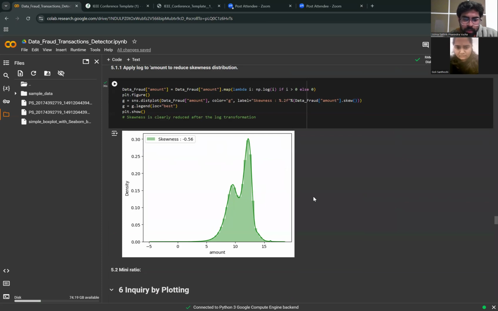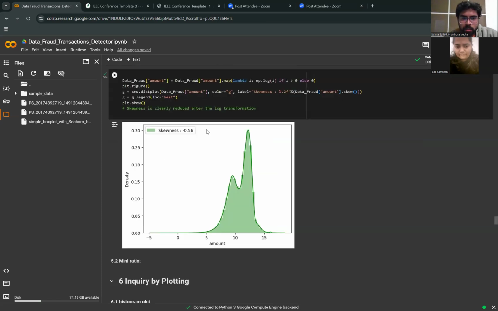The skewness value is displayed by the label, which indicates how the distribution has taken place.